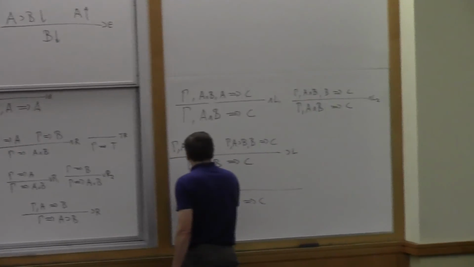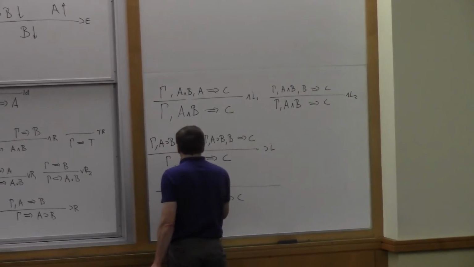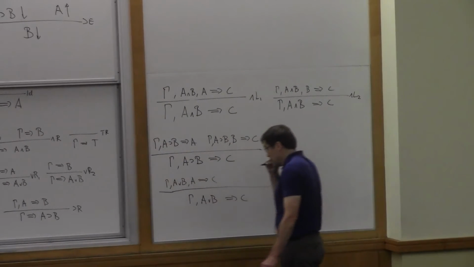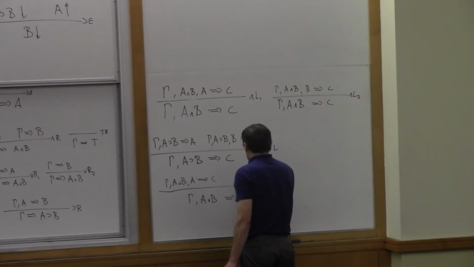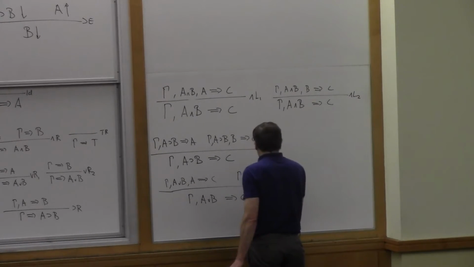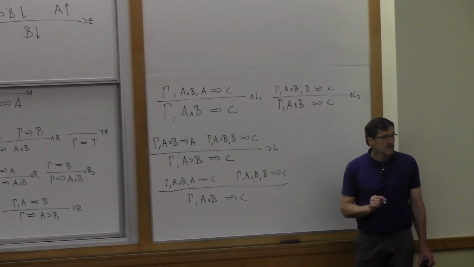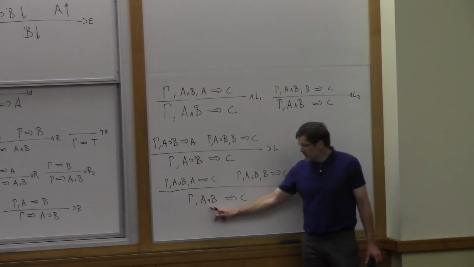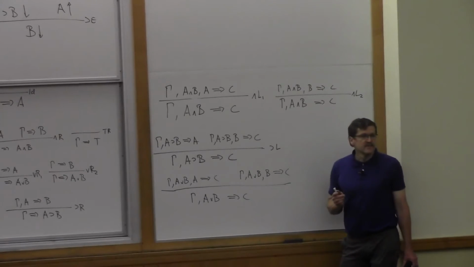Okay, so I have the two cases. I add A to gamma, and I add B to gamma, and I have to be able to prove C in both cases, right? So I have that proof obligation and I have this proof obligation.